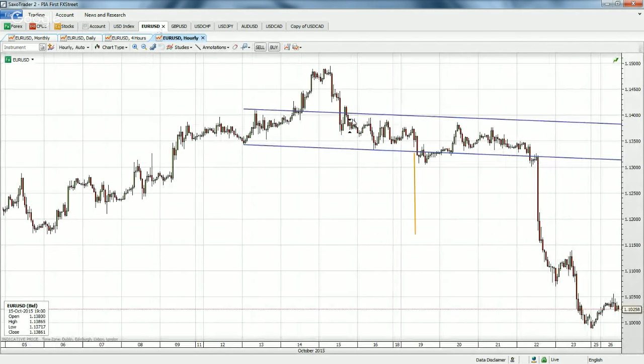So euro dollar, again, this was sort of the reverse pattern. I've not updated these charts from last week, but that was the head and shoulders pattern that we highlighted. We obviously had an aggressive move to the downside.